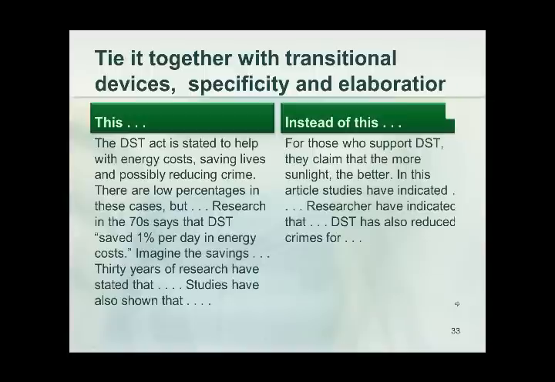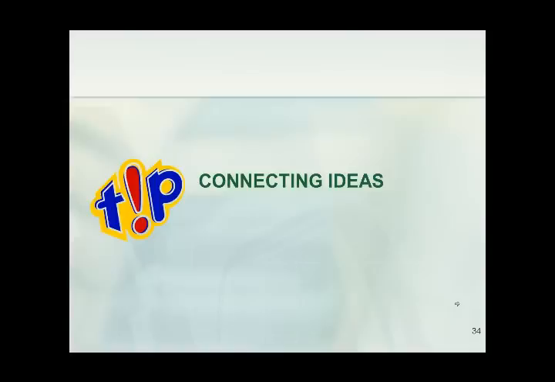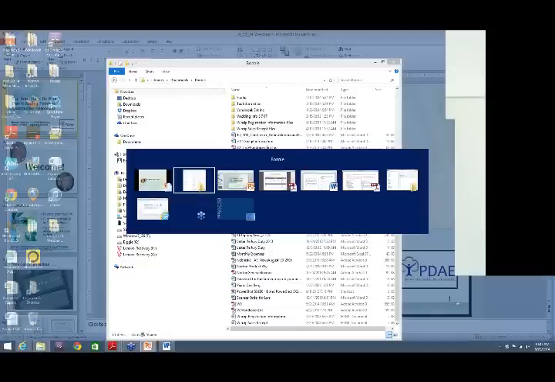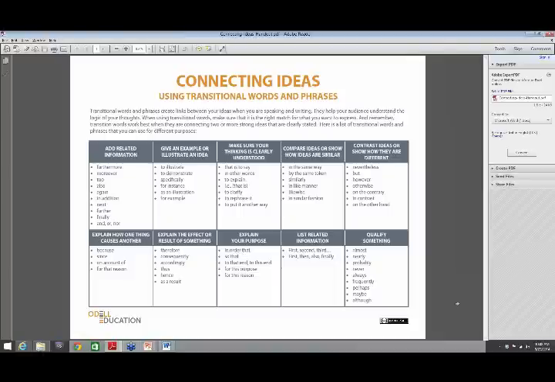So there are some resources that you can use in order to work with this. One of the things that you may want to consider using, and this is another handout that you can download, is about connecting ideas using transitional words and phrases. Now, we've talked for a number of years, and everyone has, about using transitional words, but unfortunately we really haven't expanded out the way that we should.